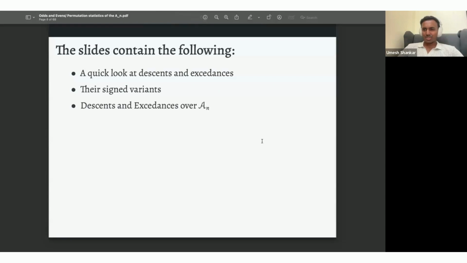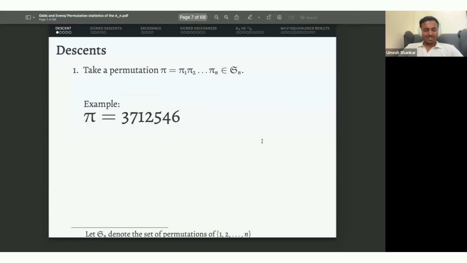We will look at the distributions of these two statistics, especially over A_n, what properties they have, and how they compare with the distribution over S_n. And then we will look at some pattern avoidance for permutations in A_n. And finally, some ways to generalize this. The questions over there are slightly open-ended. So let me get into the talk.